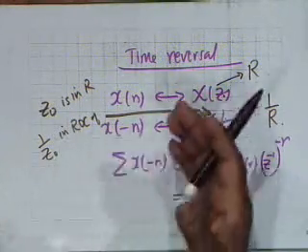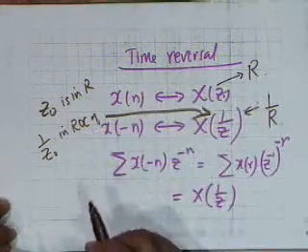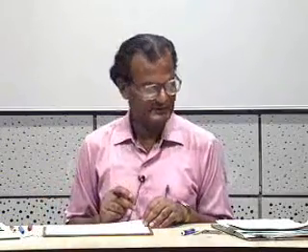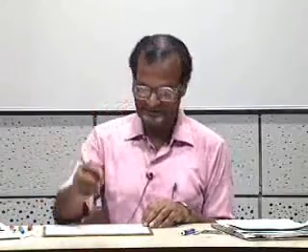That is all it means. So, they obey a reciprocal relationship. But this is quite trivial as far as proof is concerned, but one often forgets. That is about time reversal.